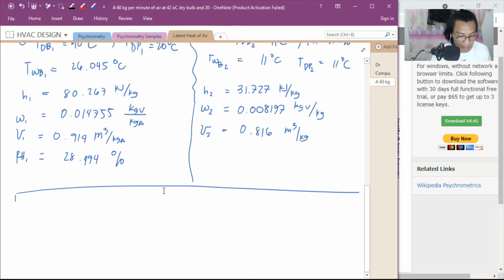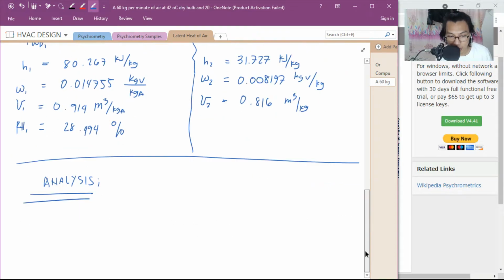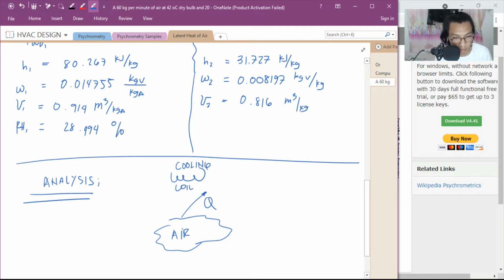So, let's analyze this. What is the analysis? You have air that passed through the conditioned space. The air gave off heat, which was absorbed by the cooling coil of the system.